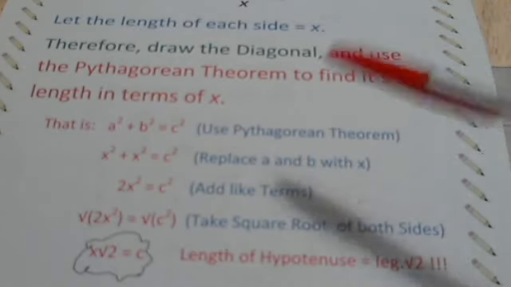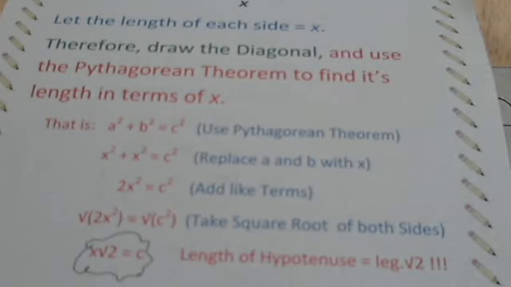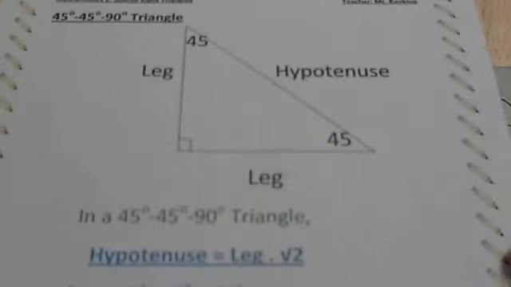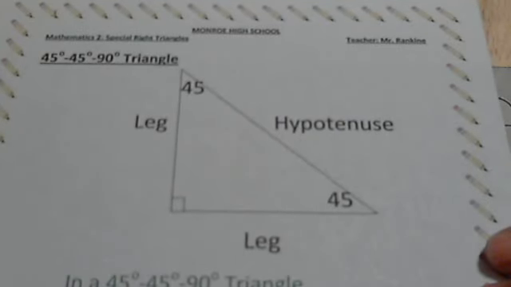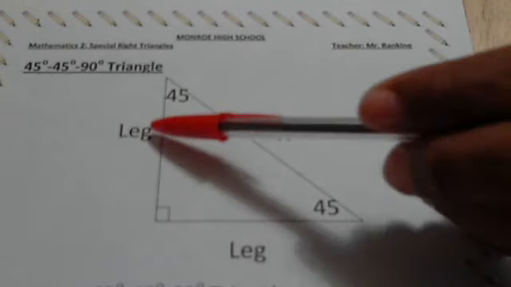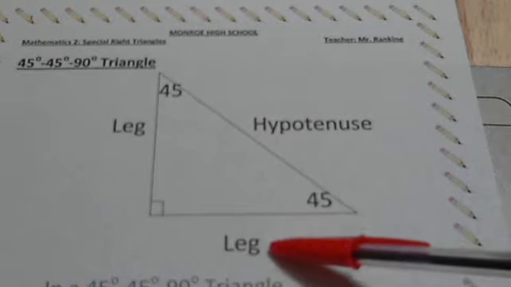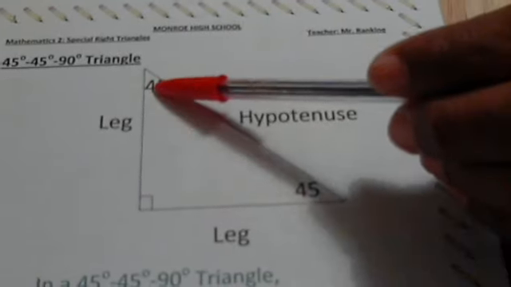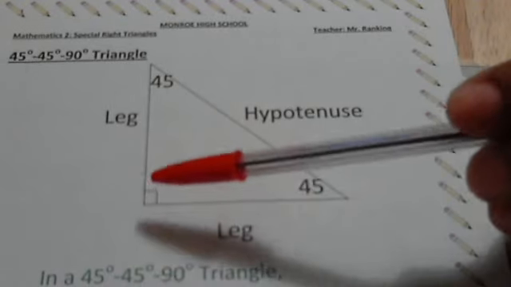Okay? So let us summarize what we have done. Let's take another 45, 45, 90 degree triangle. Here you can see the legs. Both legs are equal. 45, 45. Those angles are equal. And the 90 degree angle right there.